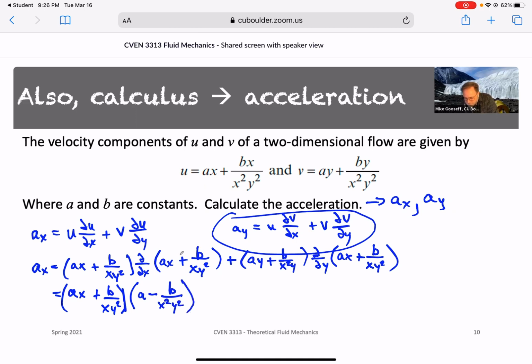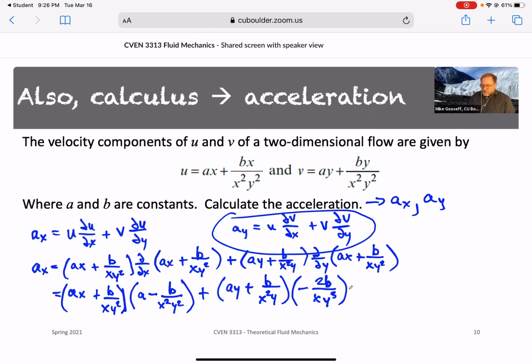So when we take the derivative of this term with respect to x, we get a minus b over x squared y squared. And then we're going to add, now we'll have a times y plus b over x squared y, so that part doesn't change. And now when we take the derivative of this with respect to y, we end up with minus 2b, that's supposed to be a b, not a 6, 2 times b over x times y cubed. Okay.